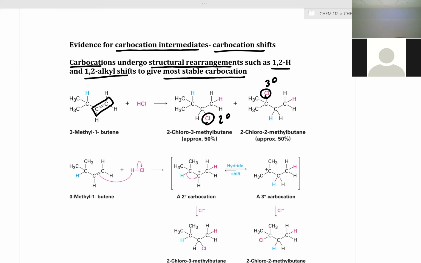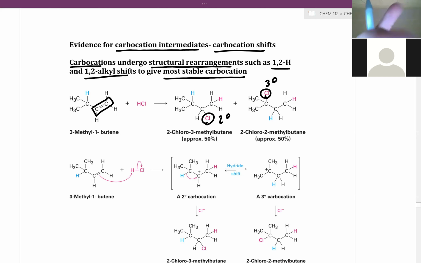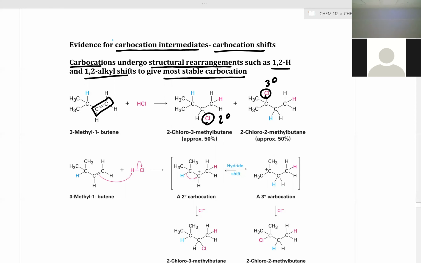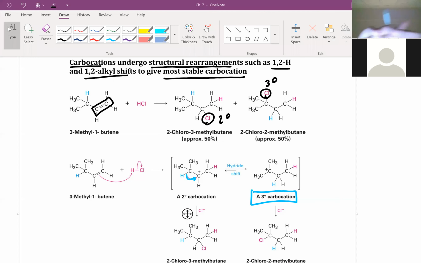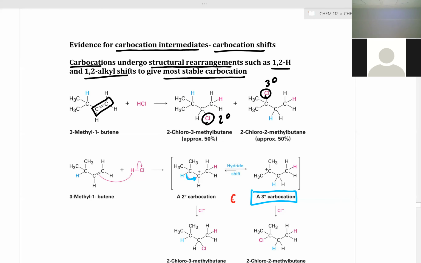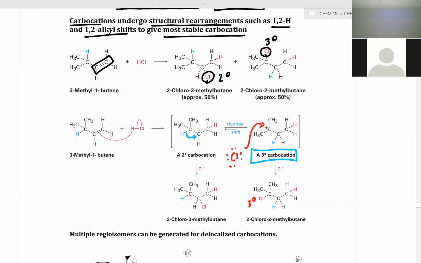So after protonation to generate the secondary carbocation, we suspect that there is a hydride shift to generate a tertiary carbocation, which is more stable, lower in energy, and then and only then do we see addition of our halogen to the tertiary carbocation. This is why we see a mixture of regioisomers.